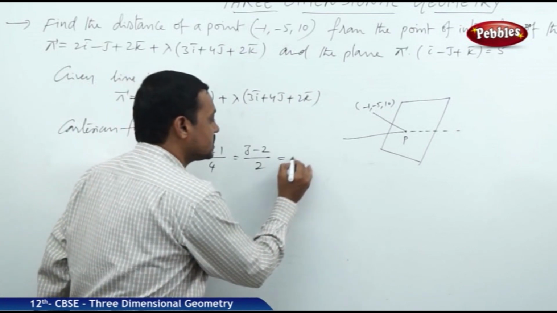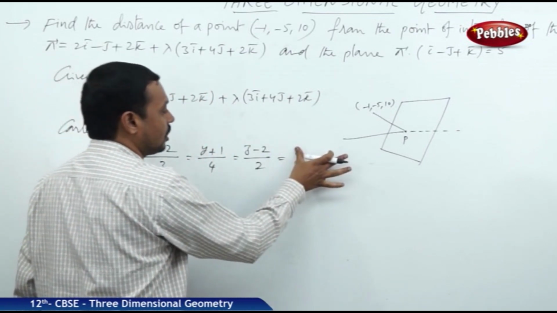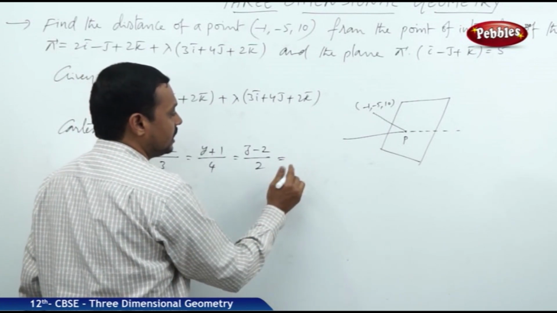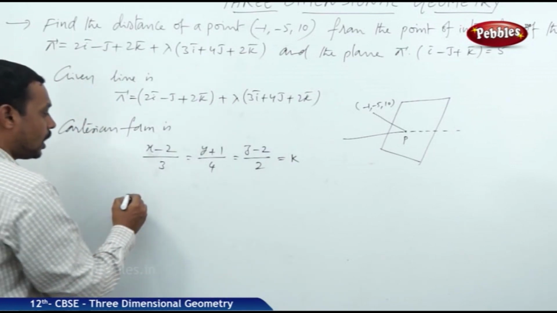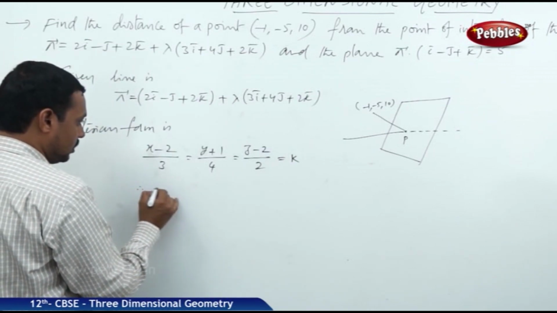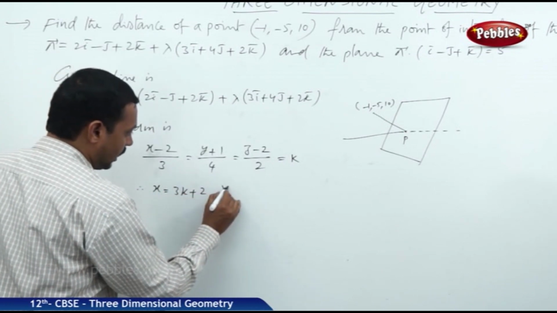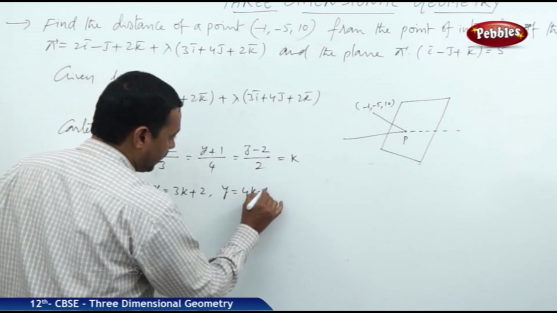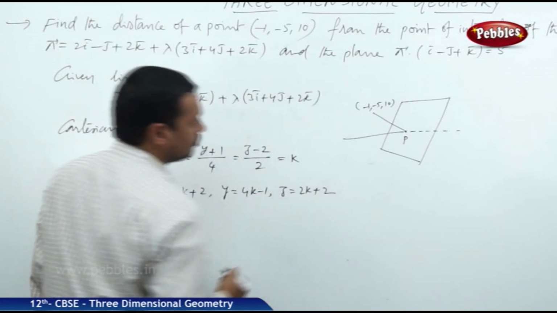Now, let it be some value lambda. Of course, here lambda is already used, no? So let it be some constant k. Now, from here, x is equal to 3k plus 2 and y is equal to 4k minus 1, z is equal to 2k plus 2.